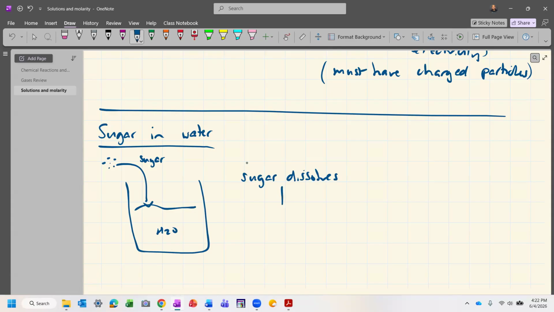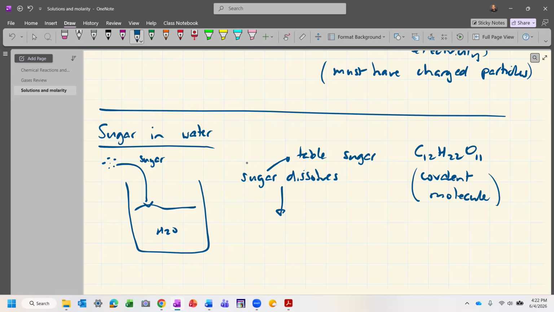Well, sugar doesn't dissolve as ions. Instead, table sugar, sucrose, has the chemical formula C12H22O11. This is a covalent compound, a covalent molecule. And even in the smallest pinch of sugar you have billions of these molecules.